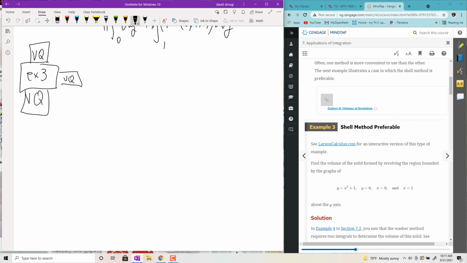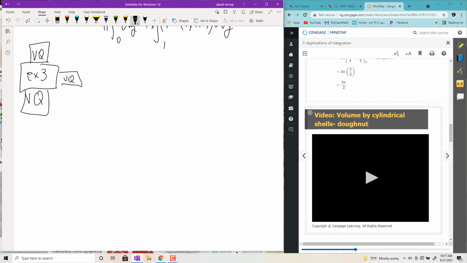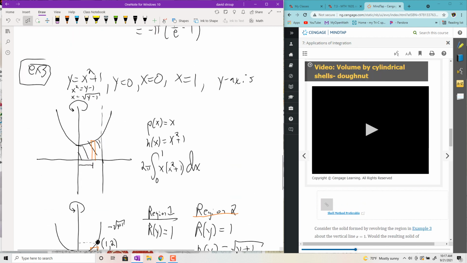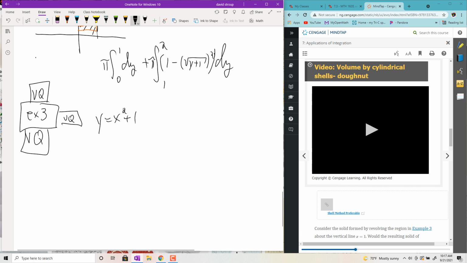About, I think they said x equals 1. Okay, so the same set of curves, y equals x squared plus 1, the same region basically, right? So y is 0, x is 0, x is 1. X equals 1 rotation.